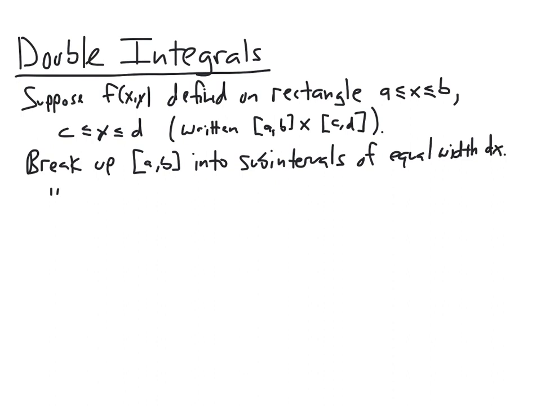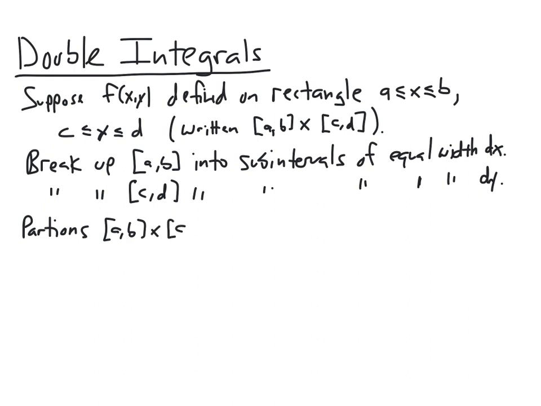We also want to do the same thing to the interval c to d, and we'll call the width dy. So we've broken up a b and c d into subintervals, and by doing that, we have partitioned our rectangle into a grid of smaller rectangles.